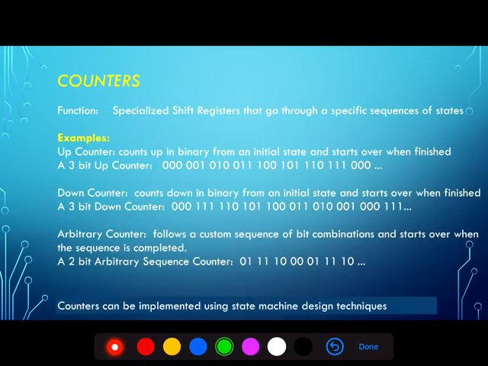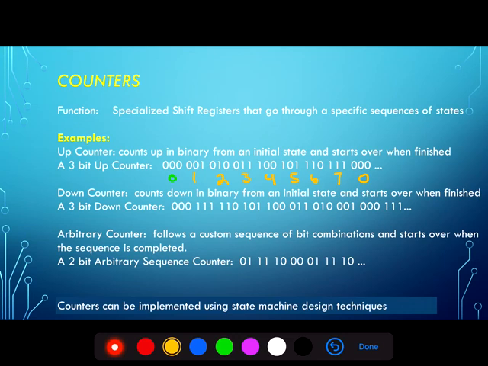Shift registers are also very useful as counters. And a counter simply does what it sounds like. It counts in one direction or another. The simplest is the up counter that counts up from 0 to 1, 2, 3, 4, 5, 6, 7. And when it reaches the maximum capacity of its bits, it starts over at 0.